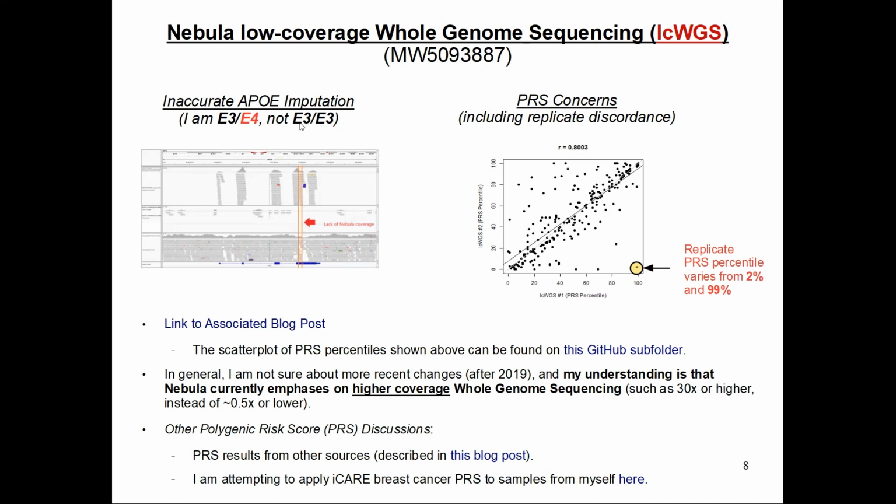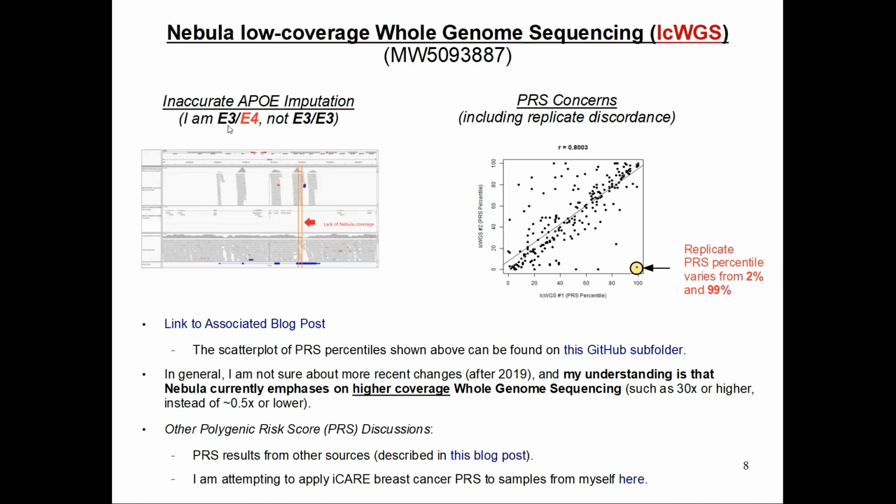So the result that the company provided, and I don't remember off the top of my head the exact details of how this was imputed, but essentially they could look for reads in the variants in other reads and say this nearby variant means you might expect the variant to be present at this particular location. I believe there are two SNPs that are used to find these two different alleles, so that E3, I believe, is the normal allele, at least if you only consider three possibilities that I can think of for E2, E3, E4.